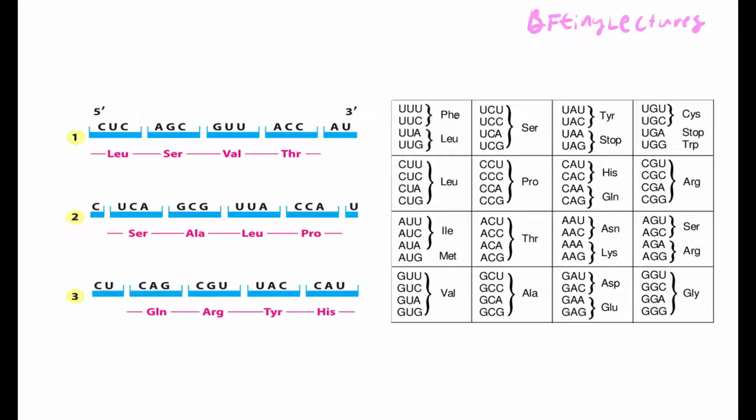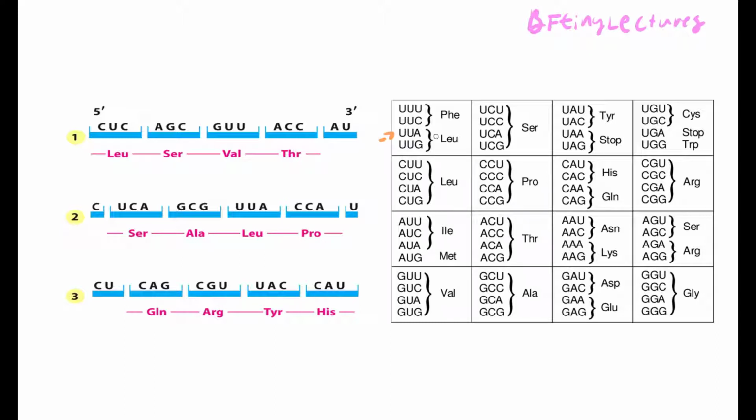Now, codons can actually code for the same amino acid. Notice that UUU and UUC both code for phenylalanine. And sometimes multiple codons code for the same amino acid. For instance, we have leucine being UUA.